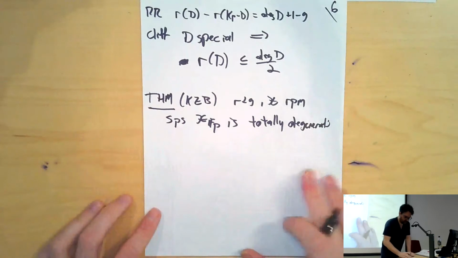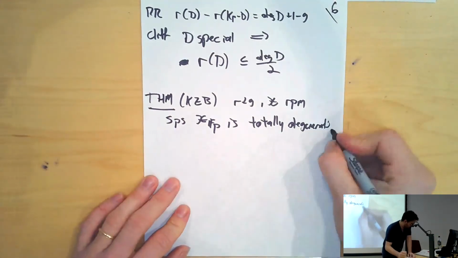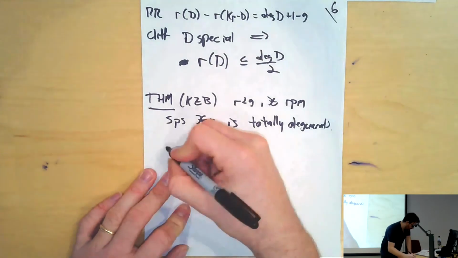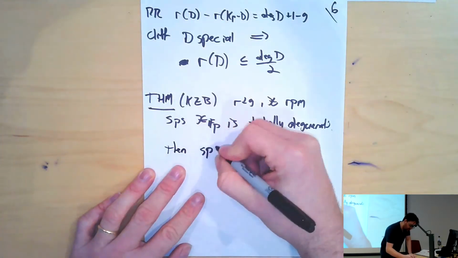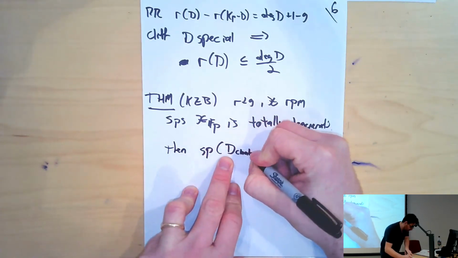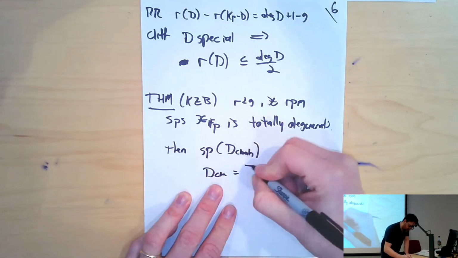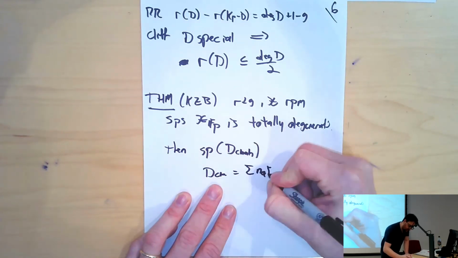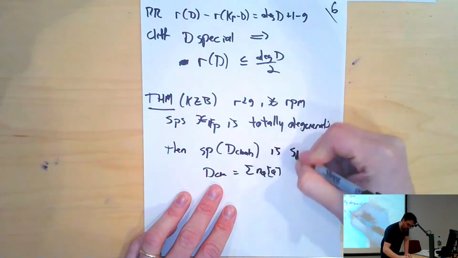But for this lecture, let's talk about just the most discrete case. So we show two things. Then we show that the specialization of this Chabauty divisor, where this D is the sum of the points from the proof, we show that this is special.